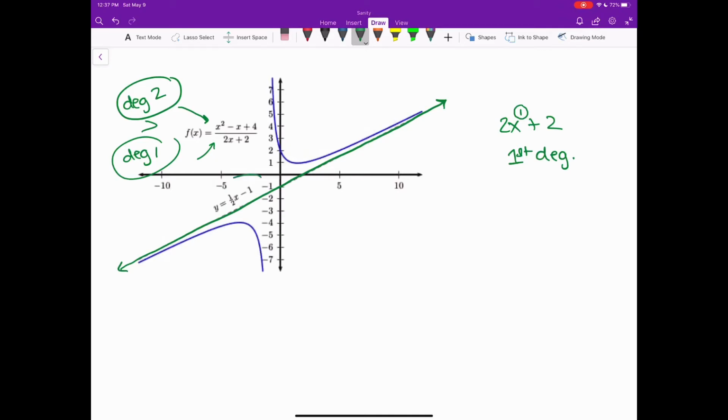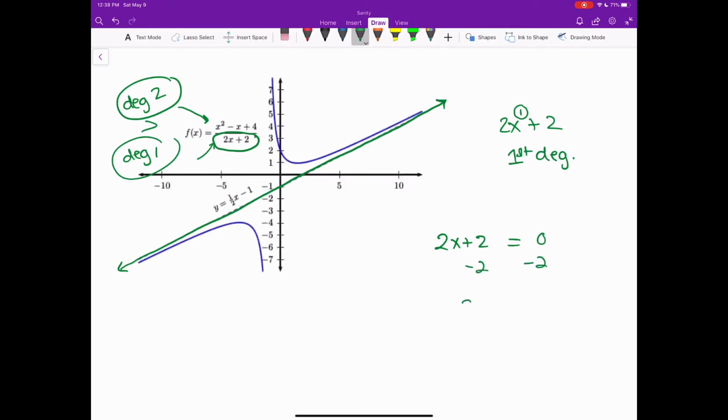Later I'll show you how to find the equation of that slant asymptote, but right now I just want to identify whether it has one or not. And it would still have a vertical asymptote. Again, if we look at this denominator, it is 2x plus 2. I have to make sure that that is not equal to 0. So to check for a vertical asymptote, I can still set that equal to 0 and solve.